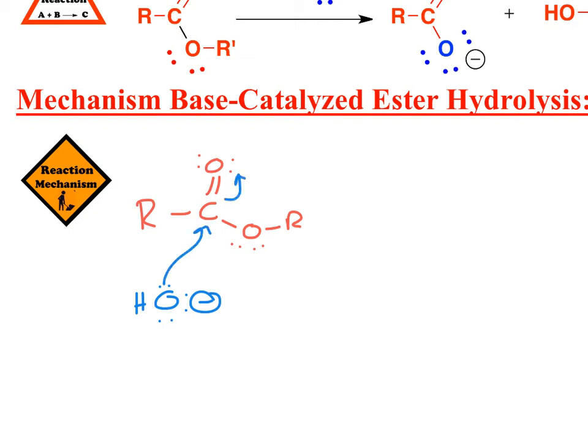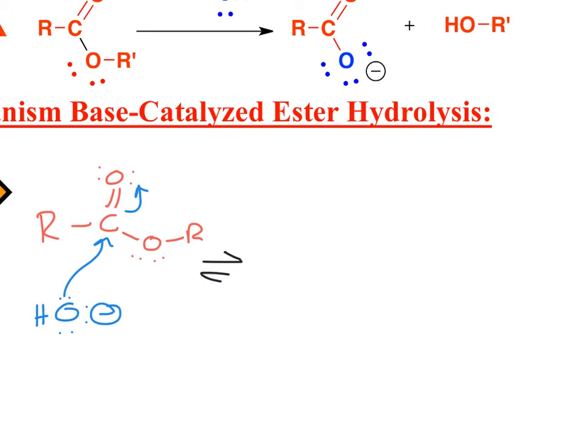The electrons will roll up onto the oxygen of the carbonyl, and that will yield a tetrahedral intermediate, shown here. OR, OH.